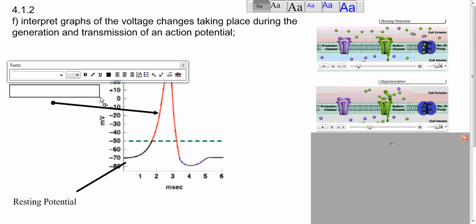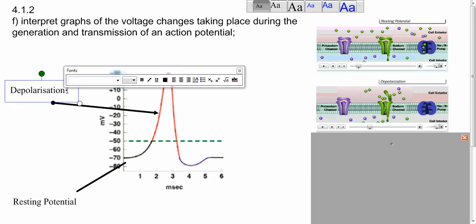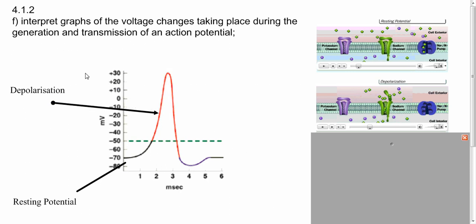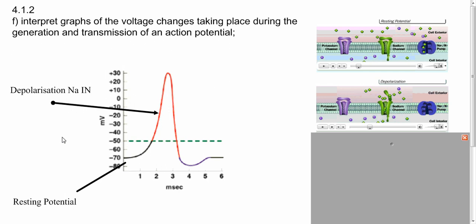So typically in an exam, you may be asked to say what each part of the graph represents. So this is depolarization, and important to remember therefore that with depolarization, this is sodium ions moving in across the membrane and down into the axon of the nerve.